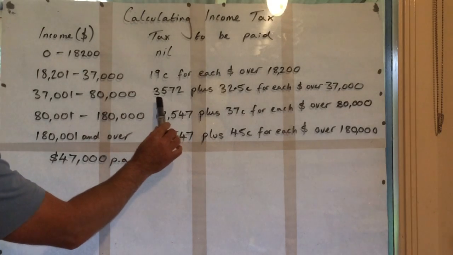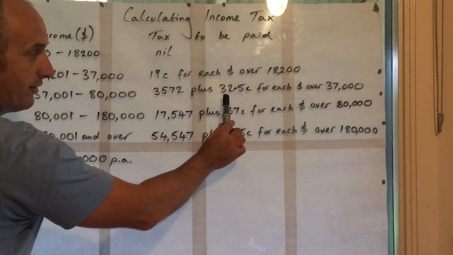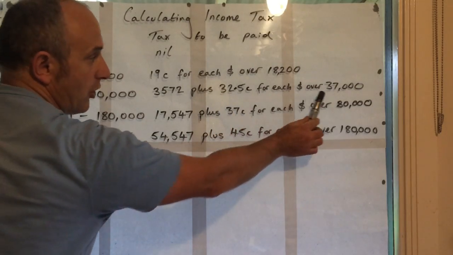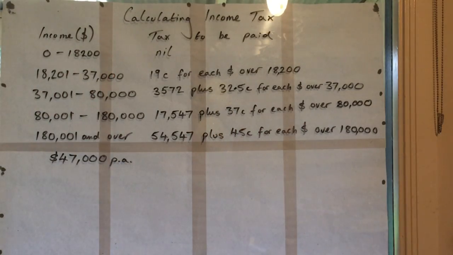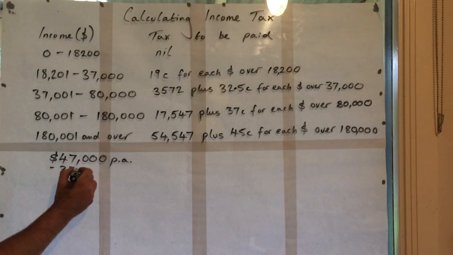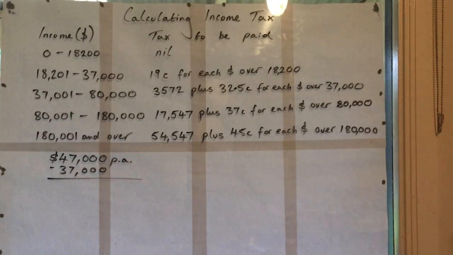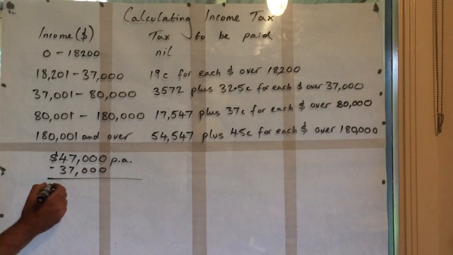So they pay $3,572 plus 32.5 cents for each dollar over 37,000. So how many dollars over 37,000 do they earn? So just by chance, it's a really easy number.